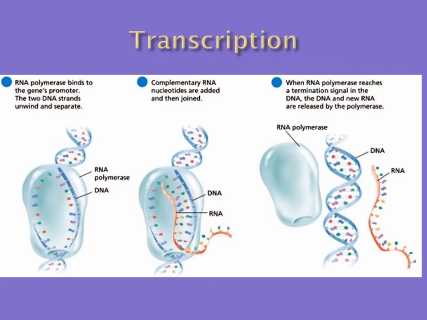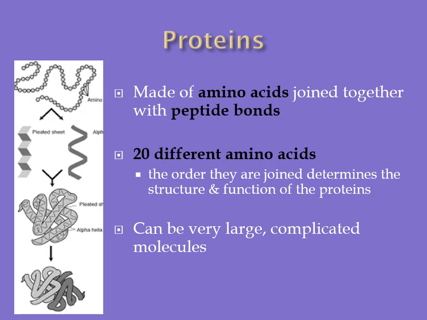So basically, we untwist the DNA ladder for a little bit, make a copy of some of that information to make a protein, and let the DNA ladder go back. Now we have this new RNA message, this single strand message that we are going to use to make a protein. So we have transcribed a message, and we're going to use it to make a protein.